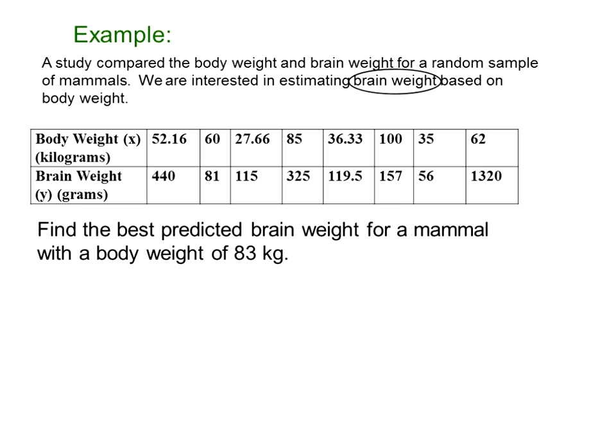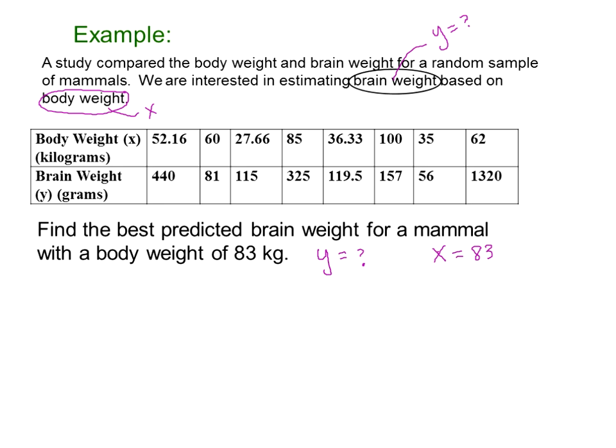So we want to find out what y is when you know the body weight, and the body weight was your x. So what does y equal when x is 83?